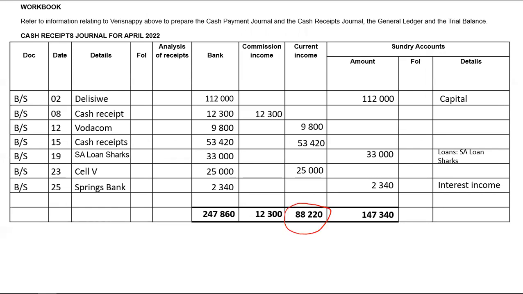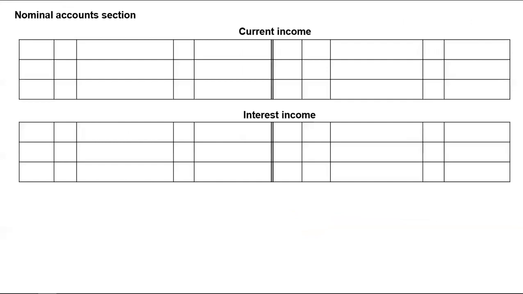That 88,220 will go to the credit side of your current income account. That is because income is actually minus plus. Income falls under equity. It increases on the credit side. It won't have any balance.